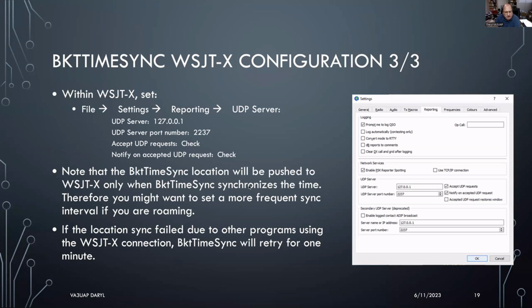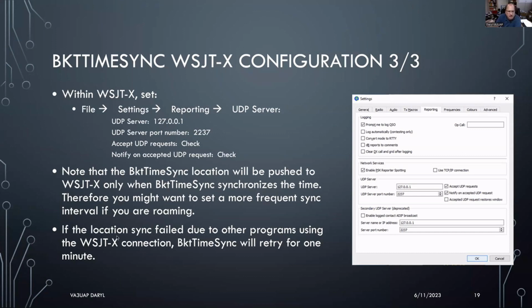If I left it set at 60 minutes, it's only going to synchronize my location when it checks the time. Therefore, if you're roaming, you might want to set it more frequent, every 5 minutes, or if you're traveling fairly fast, every minute, depending on how fast you're traveling. If you're traveling fairly slow, 5 minutes is probably plenty.